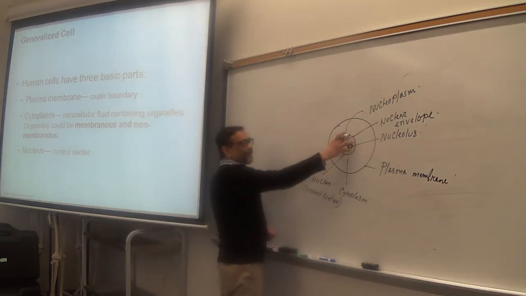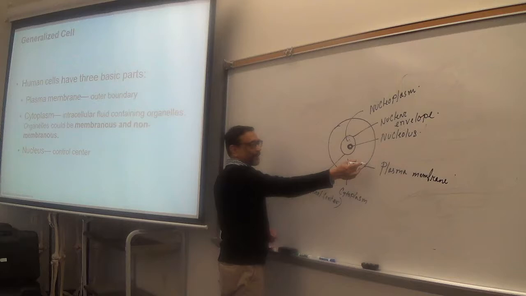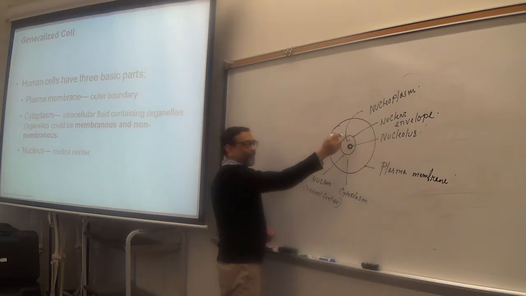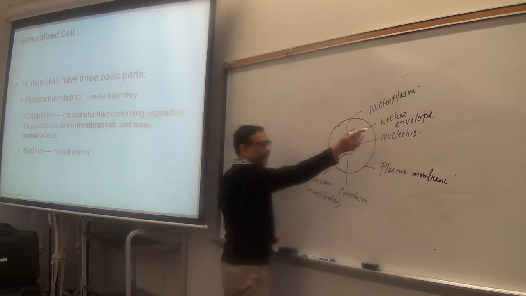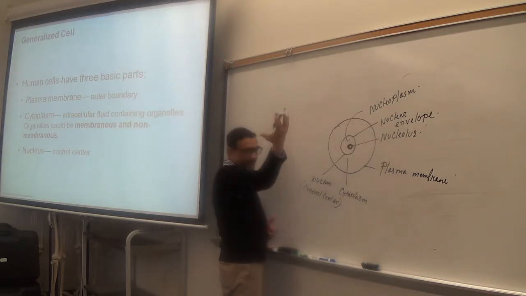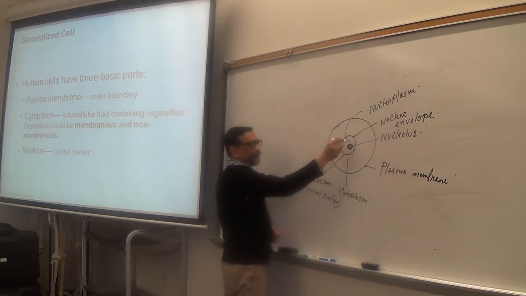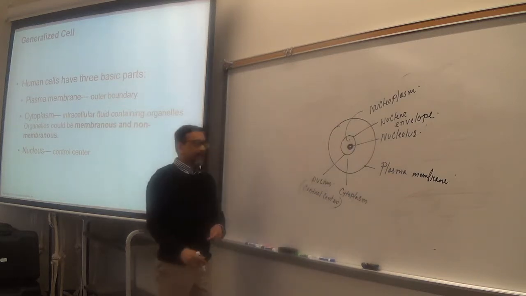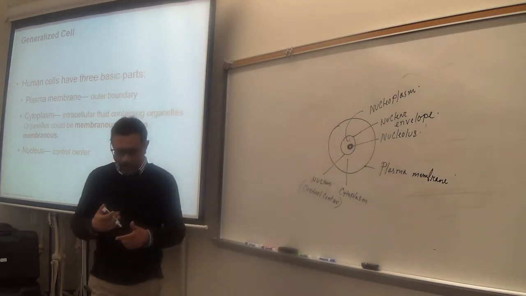It is like another cell inside the cell. This is the membrane. This is the cytoplasm. This is the nucleus. Now let's see the nucleus. This is the membrane called the envelope or nuclear membrane. Nucleoplasm, and this is the nucleolus. Okay. So that is the nucleus.